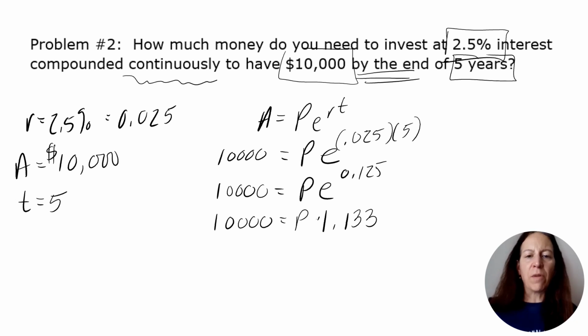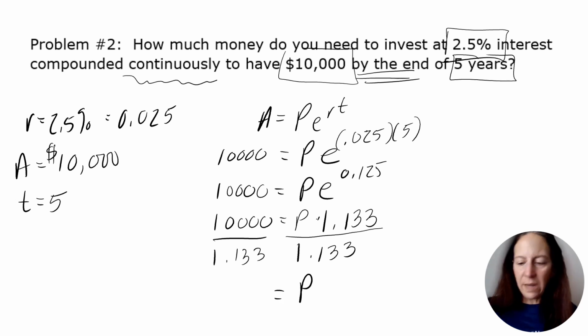And then this is multiplication. So to get the P by itself, we will divide by 1.133. There's my P. So we want $10,000 divided by 1.133. Whoops. Got to do that again. Divided by 1.133. There we go. That's much better.